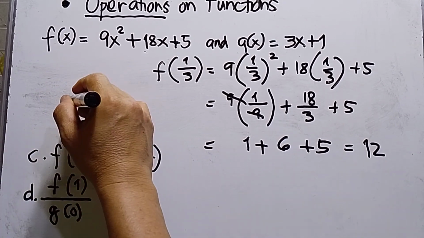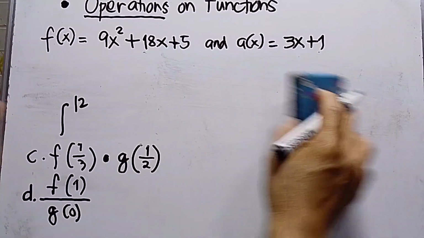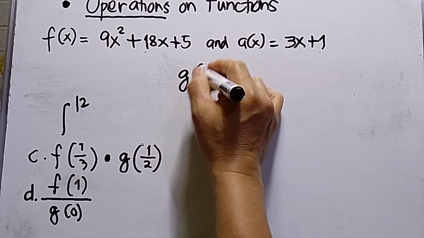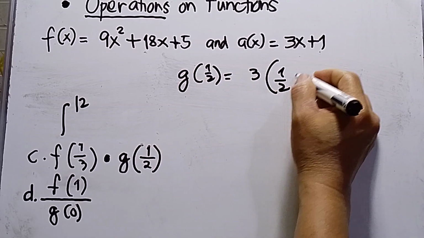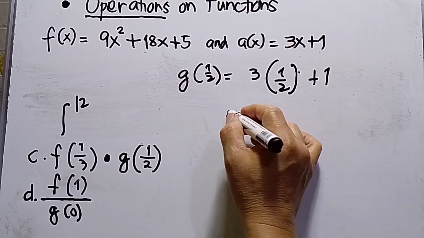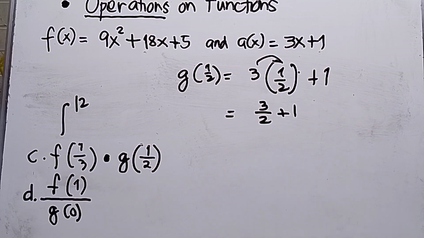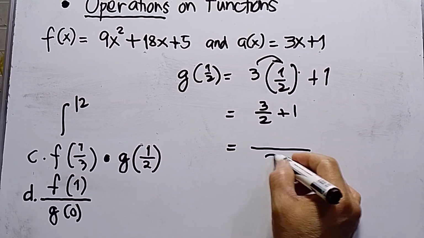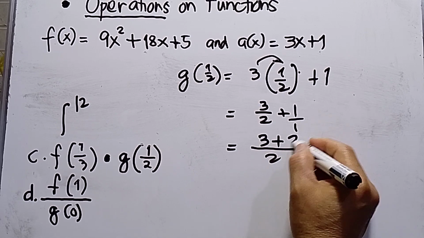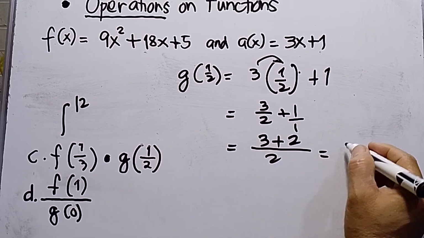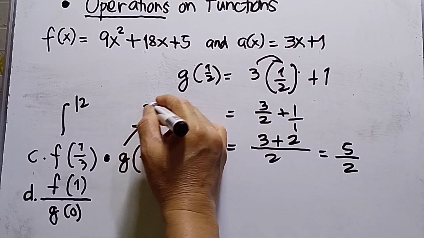So this is 12. How about g of half? So this will be 3 times half plus 1. So this will be 3 over 2 plus 1. So LCD 2. This is 3 plus 2, then this will be equal to 5 halves.